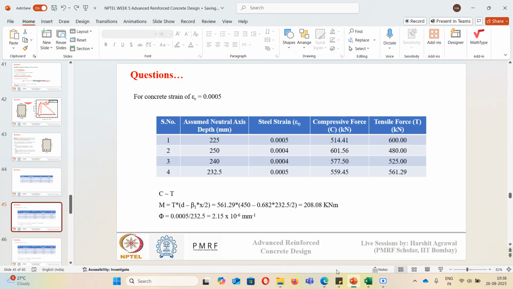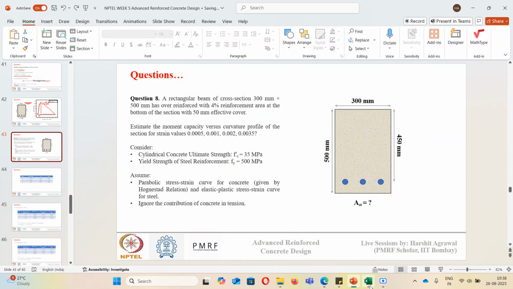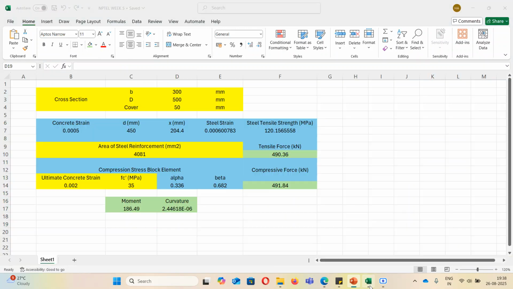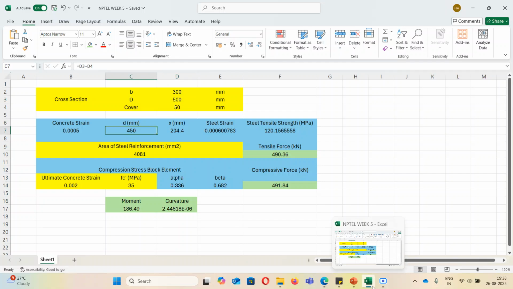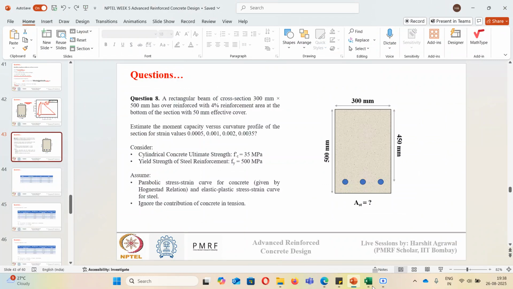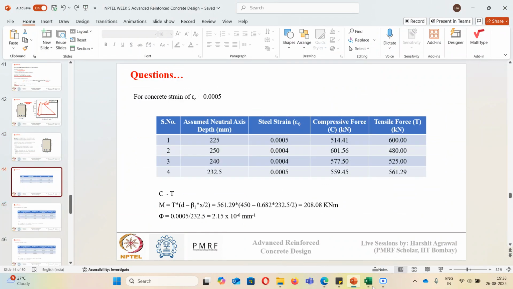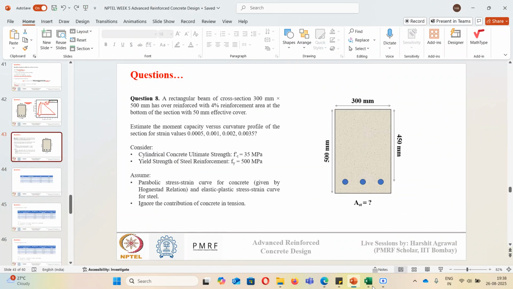So what we'll do in this sheet, I will just enter the basic things. B is already entered, D I know, cover is entered, small d is calculated here. Area of reinforcement, so what is the area of reinforcement? It is 4% times the total area. How do we do the calculation?